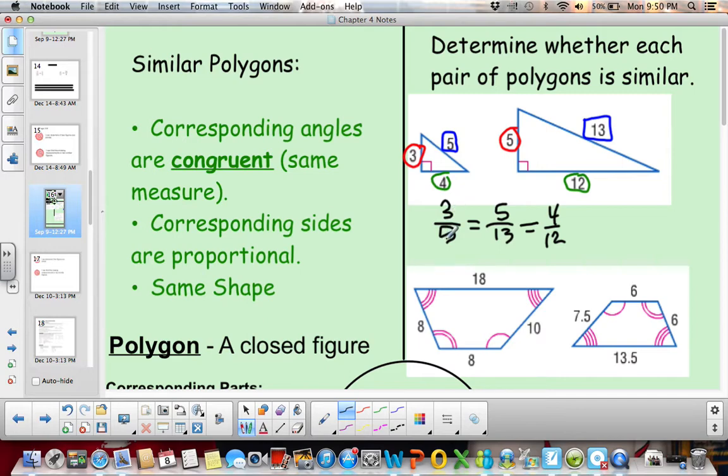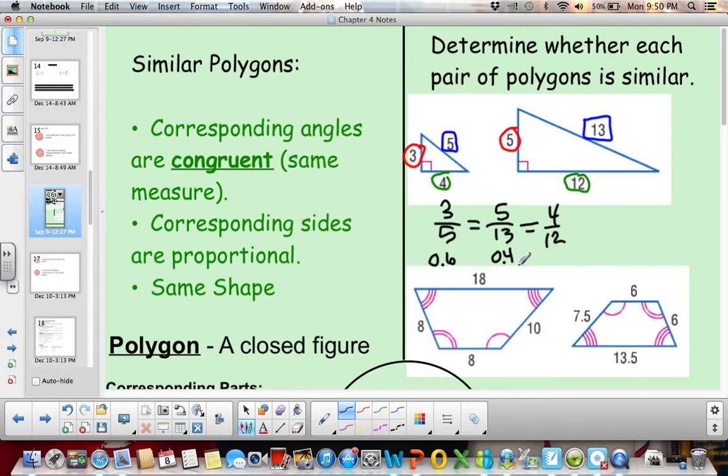So 3/5, if I put in my calculator, I get 0.6. If I put 5/13, so I would just do 5 divided by 13, I would get 0.4. I'm going to just round it to the nearest tenth.